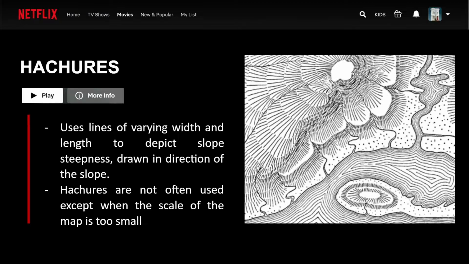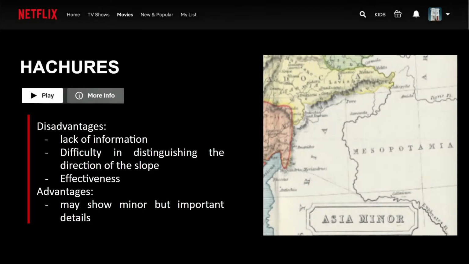Hachures are not often used except when the scale of the map is too small. They are more of a slightly surveyed area and give you a little more of an idea of the actual size of the place.